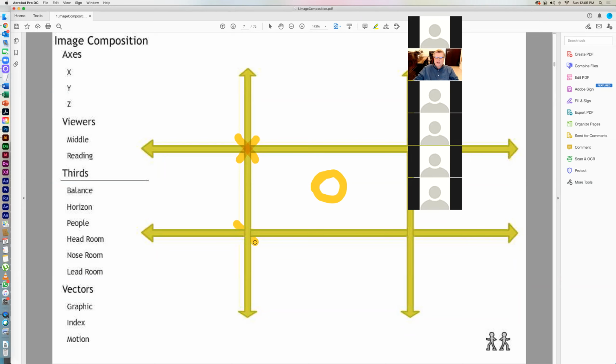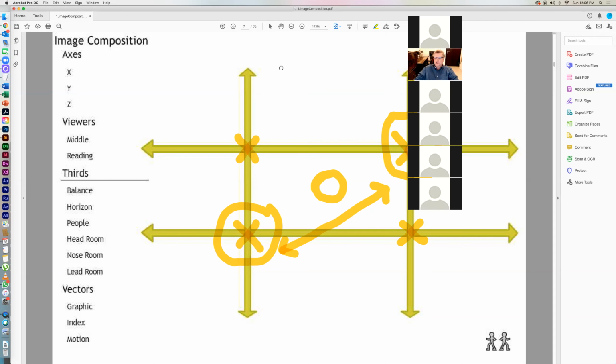So the best place to put important things is on these intersections. And I'll talk about this when I'm critiquing or giving you advice: if you've created a nice diagonal, that would be if you had an object in this neighborhood, and an important part of the picture in this neighborhood, their relationship is diagonal. That creates a nice dynamic, and it can work the other way as well.